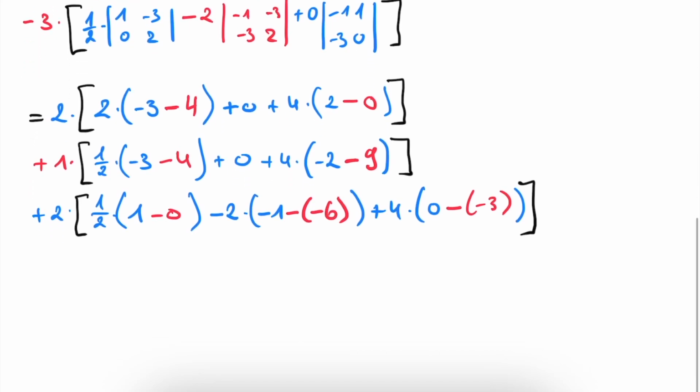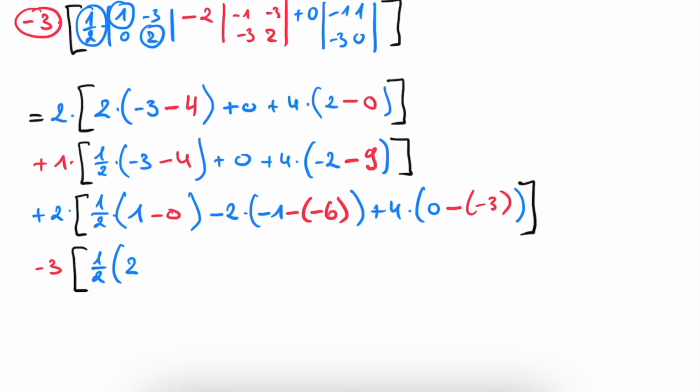And we go to the last one, which is minus 3 times the sum of these 2 times 2 determinants. So we have minus 3 times, again, don't forget this 1/2 in front of it, 1/2 times, the determinant will be 1 times 2, which is 2, minus 0 times minus 3 is 0, so minus 0.